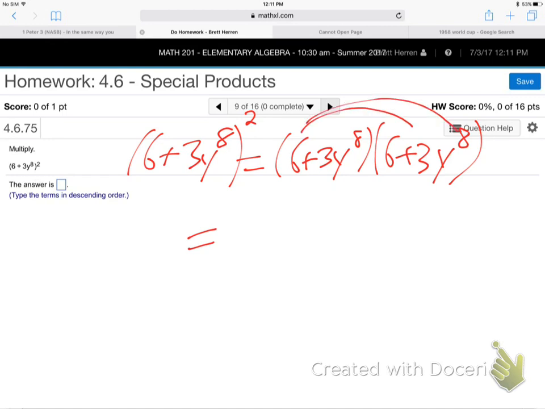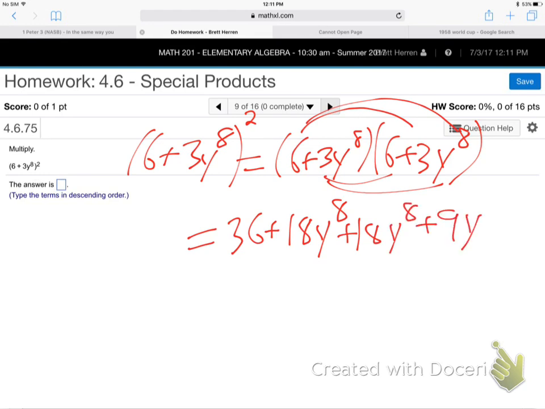So that 6 goes to both. 36 plus 18y to the 8th. And then this 3y to the 8th goes to both. 18y to the 8th plus 9y to the 16th, right?